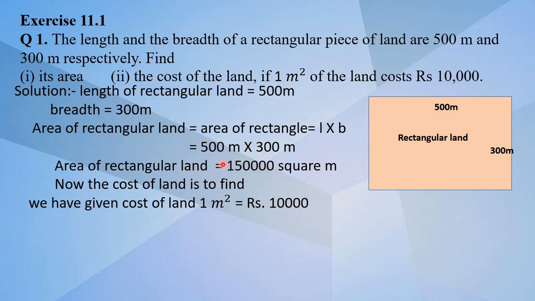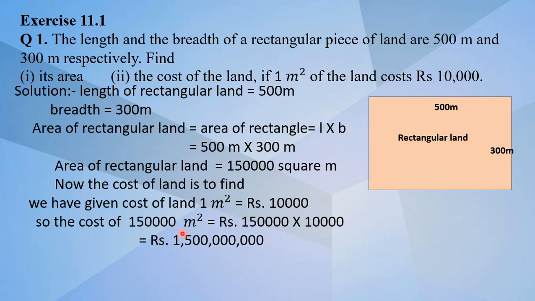So this much area we have to purchase, and the cost of 1 meter square is 10,000 rupees. So this rupees multiplied by the required area, we get the cost of the land of 500 meter length and 300 meter breadth.